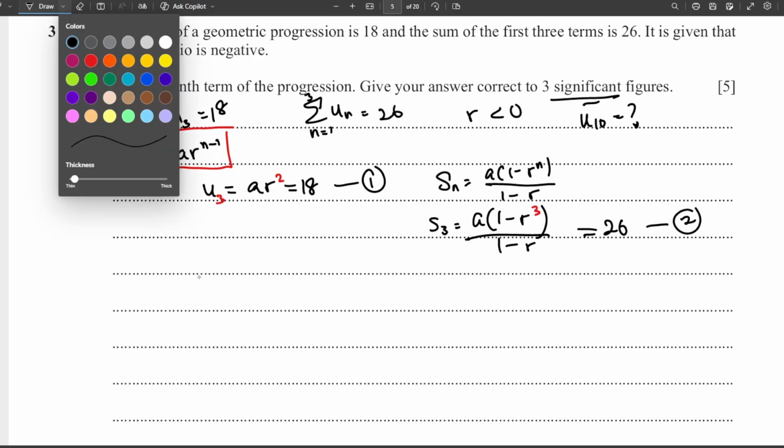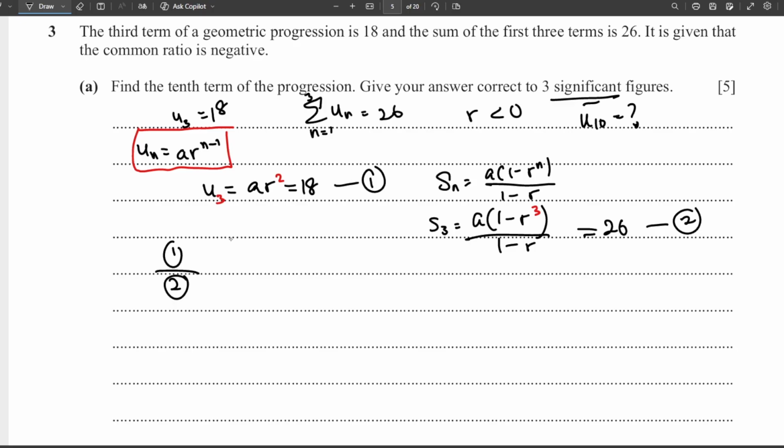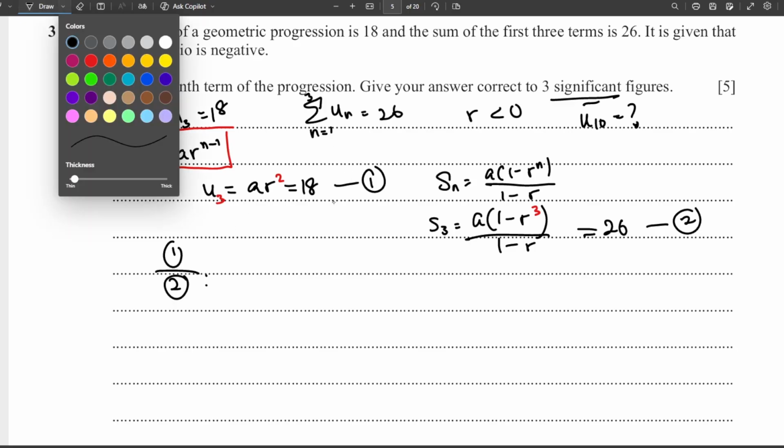So what we can do, we have two unknown variables and we have two equations. So it's definitely a solvable system, right? We can see a appears in both of the equations, so we can try and divide the first equation by the second equation. So the a and a will cancel out, or let me just write it out.